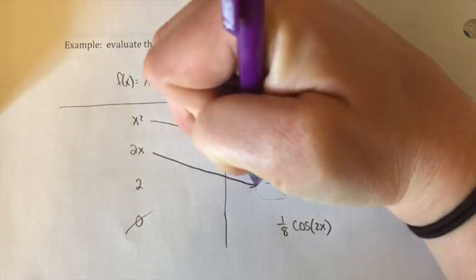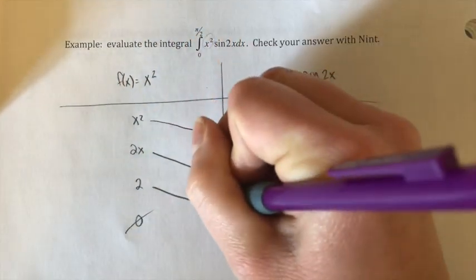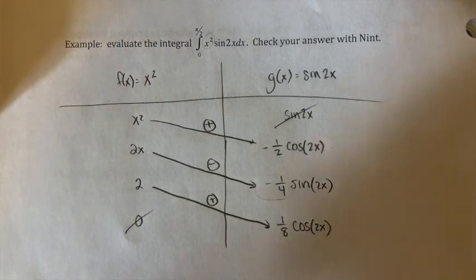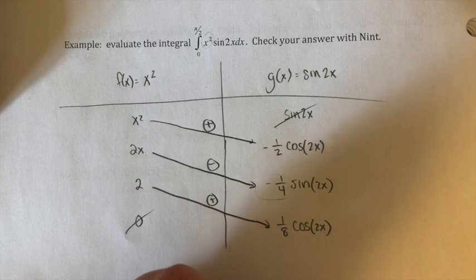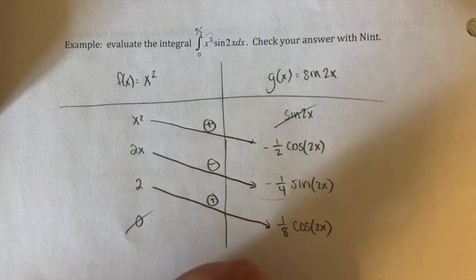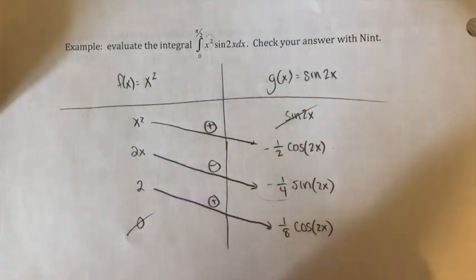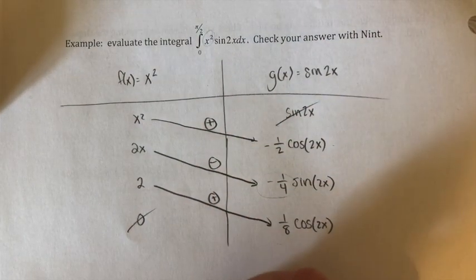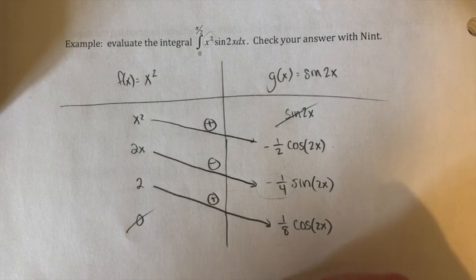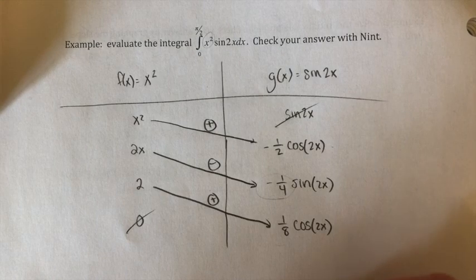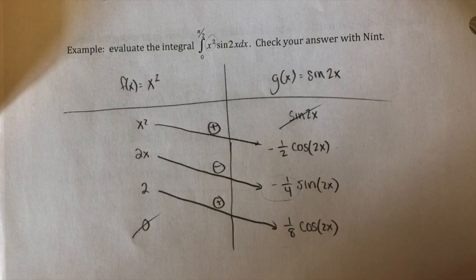And we draw our diagonal lines. So our integral of this is going to be x squared times negative 1/2 cos 2x minus, because this one's minus, 2x times negative 1/4 sine 2x plus 2 times 1/8 cos of 2x.